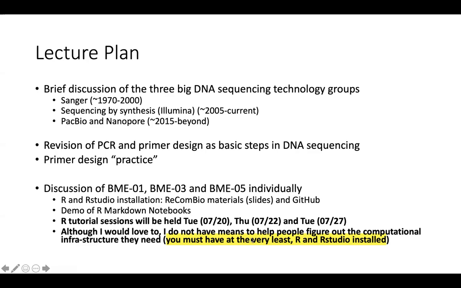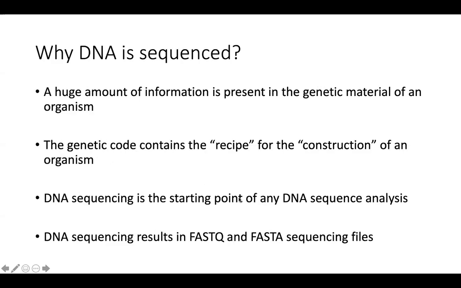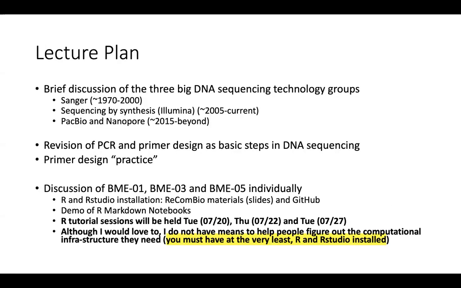I need to expect that you have at least R and RStudio installed. I asked last week, and the majority of you have a MacBook Pro or a MacBook, and I am expecting, though it doesn't mean that it will happen, that you can have access to Bash using R Markdown. Any questions about the plan, or can we just get started on the sequencing part?